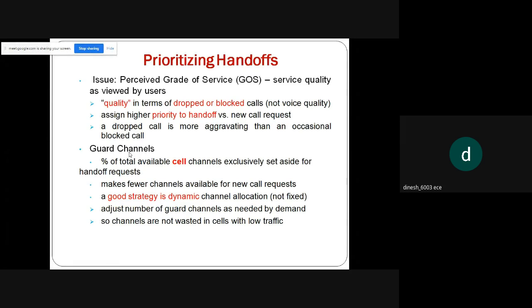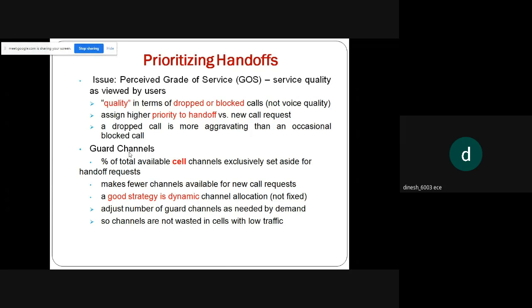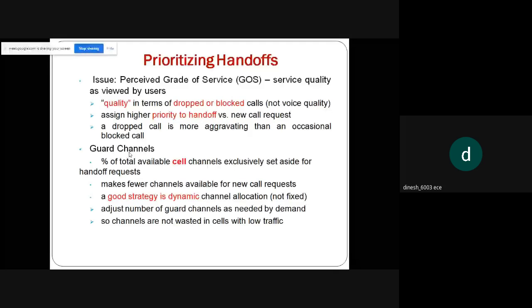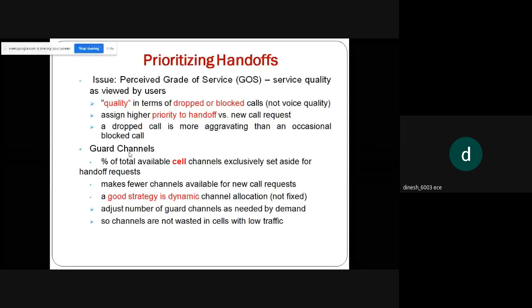Depending upon the requirements during the movement of the mobiles from one station to another, dynamic channel allocation can be done rather than fixed allocations. So dynamic channel assignment can be used, adjusting the number of guard channels as needed by demand. As the demand increases or decreases, the channels can be adjusted accordingly, for example with low traffic.